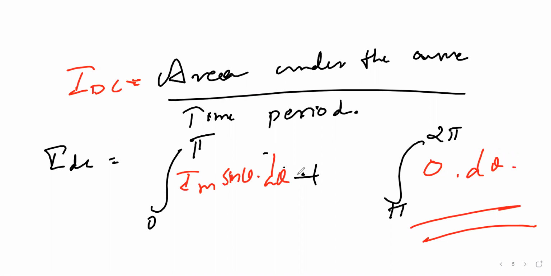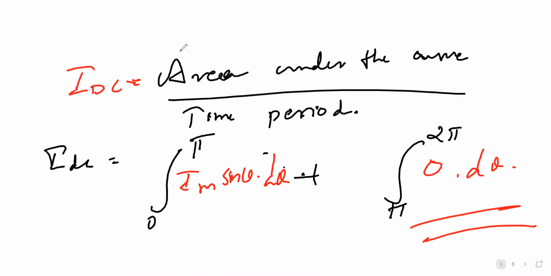Now I will integrate with respect to θ. Im is a constant, so I can take it outside. But do not forget, this is over the cycle, so 1 by 2 pi.